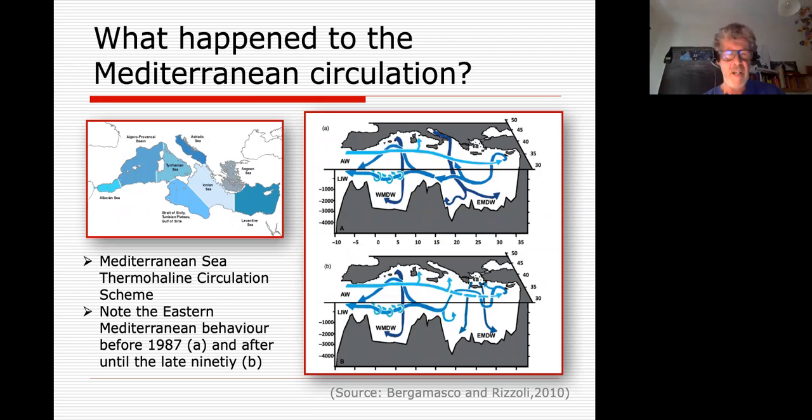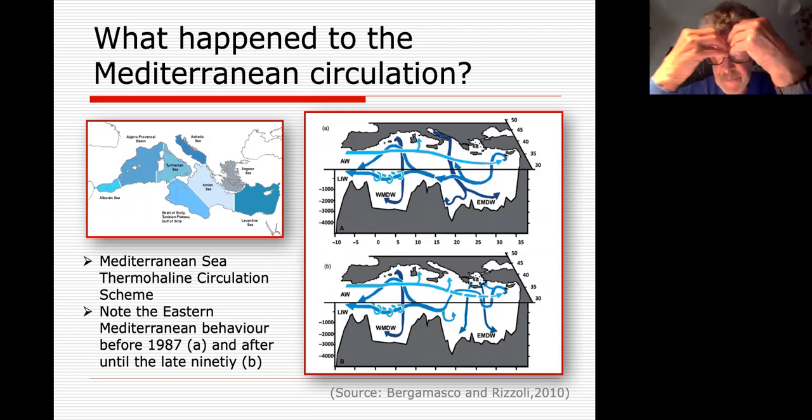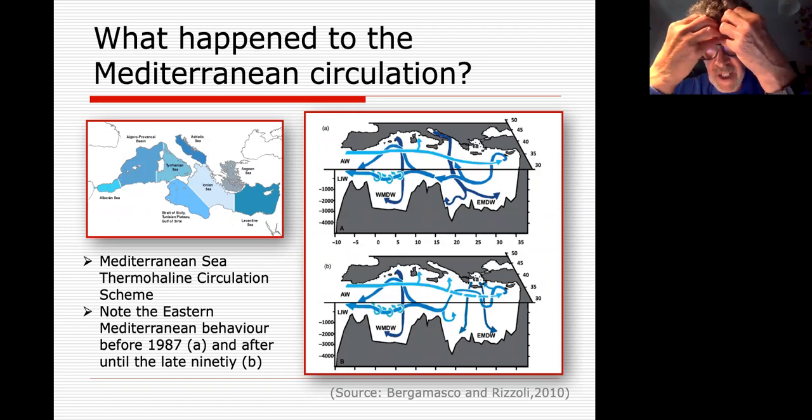Often the Mediterranean has been called a miniature ocean, where all the processes are present. The scale is smaller, so we can study the effect of large scale processes at a much smaller scale.